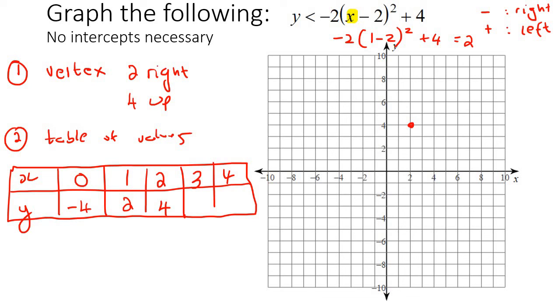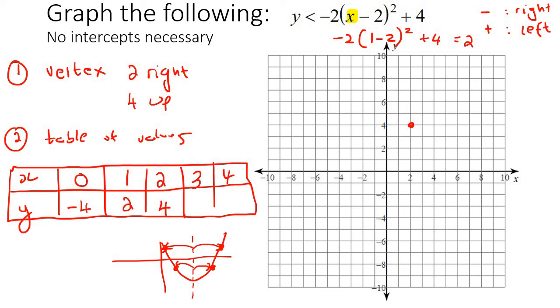Now you don't have to go any further. You don't have to do these ones. You can if you want. It's not wrong, but it's unnecessary because of symmetry. Remember, we've said this many times. Quadratics have symmetry. So if you have your vertex right in the middle, then if you go one place to the right and one place to the left, the y values are going to be exactly the same. And if you go 2 places to the right and 2 places to the left, the y values are the same.